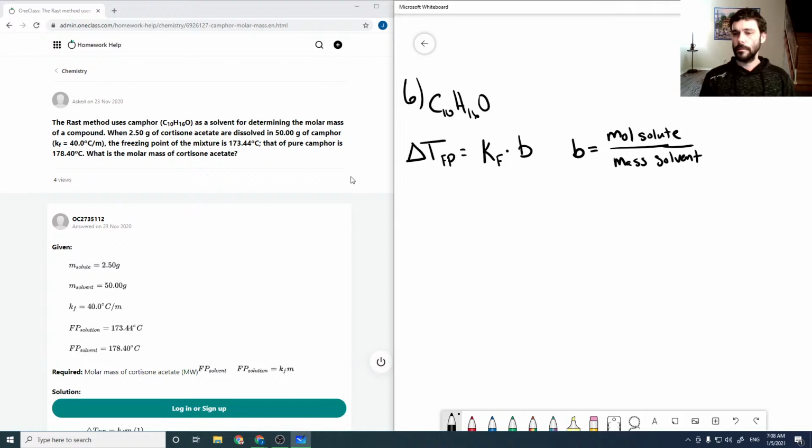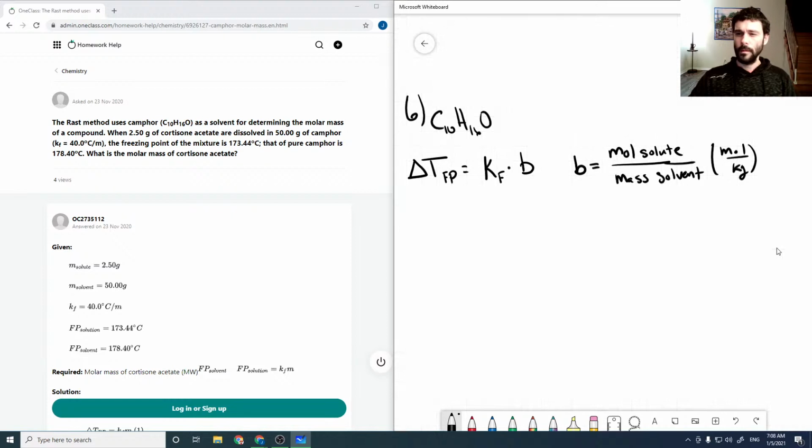So that's important. This is in moles per kilogram, so typically expressed in moles per kilogram. That would be the M here.